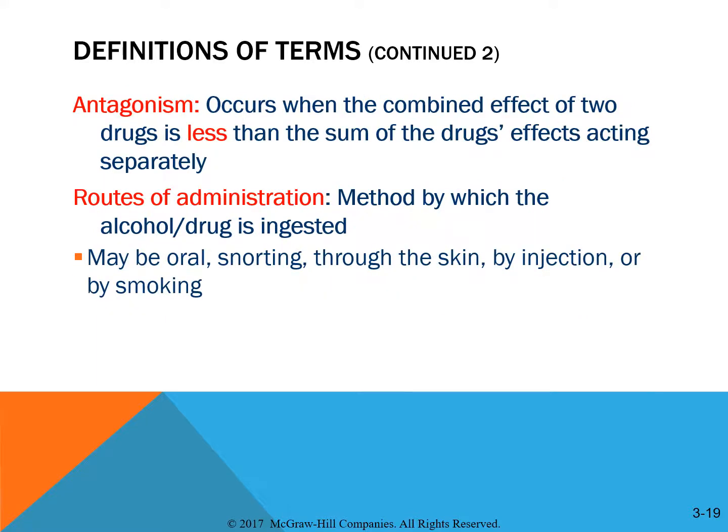Antagonism is a useful term to understand because many medication-assisted treatments are now available, and they are antagonists to the original drug of choice and can help in the process of recovery.